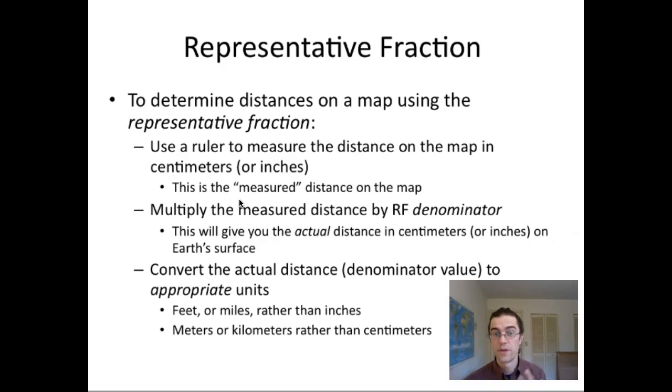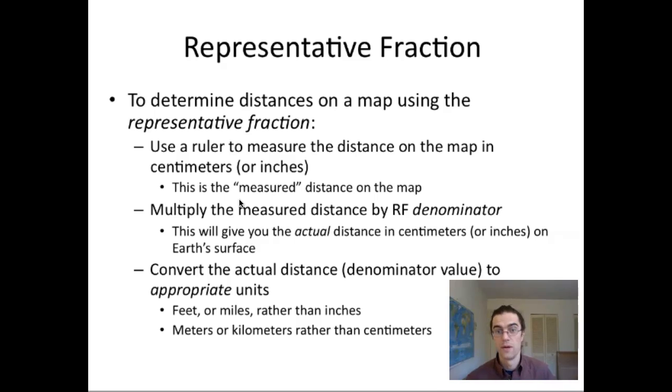Then we want to convert that actual distance to appropriate units, feet or miles rather than inches, or meters or kilometers rather than centimeters, right? Because when we have 24,000 inches, that's just not too practical for conceiving of what type of space that is.